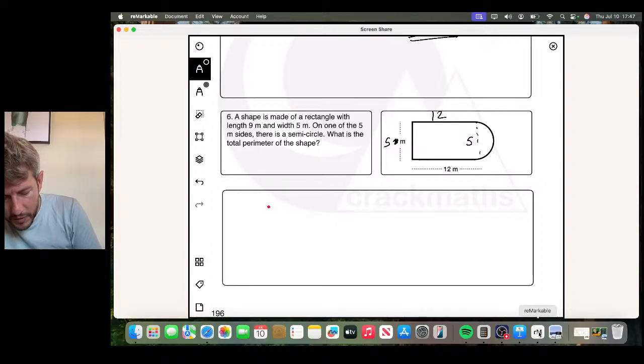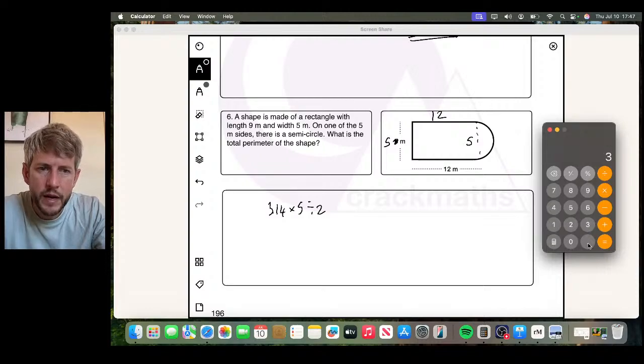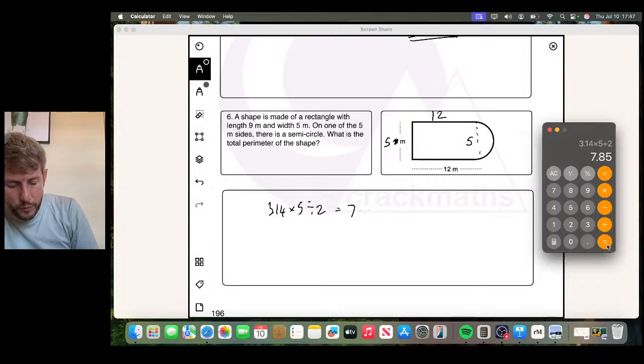So we're going to do 3.14 times 5 divided by 2 to get the length of the curve, and this will equal 7.85 meters.